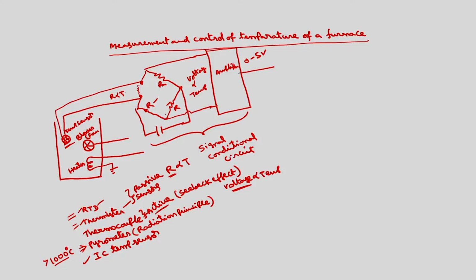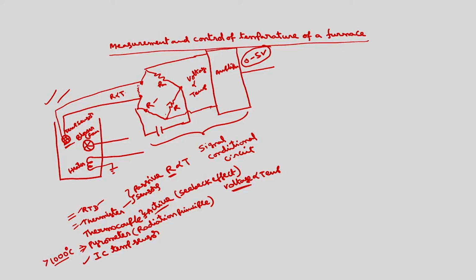Whatever the physical quantity is, we need to convert the value into 0 to 5 volts, so that I can apply this to the analog to digital converter and do the remaining processing. Okay. So 0 to 5 volts depends upon the calibration.